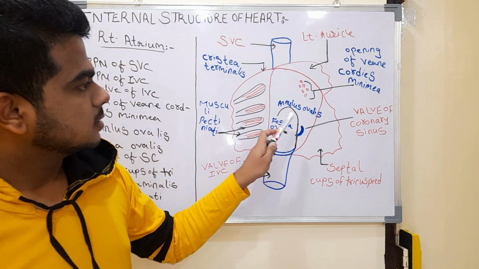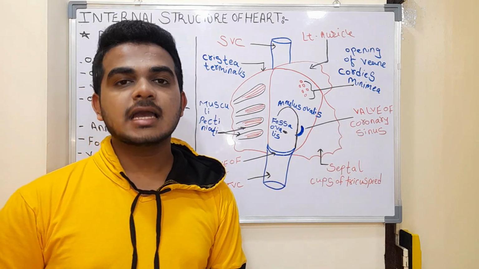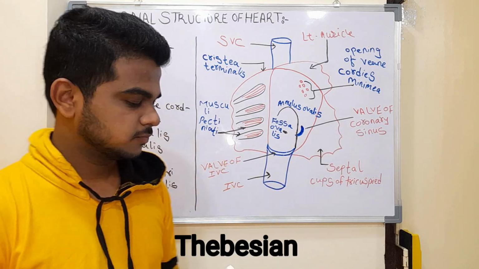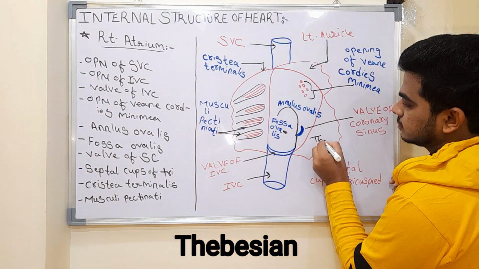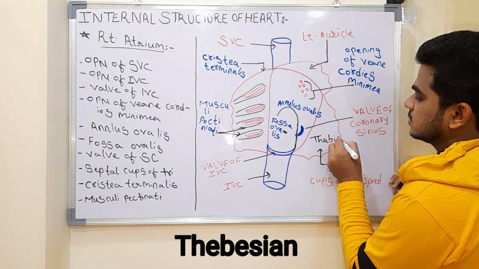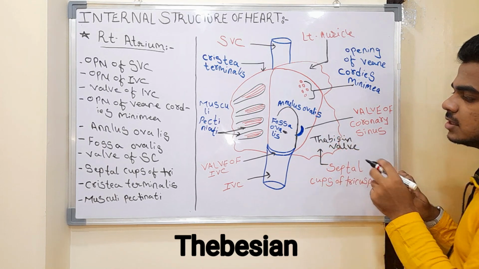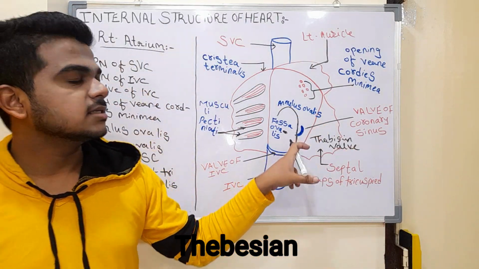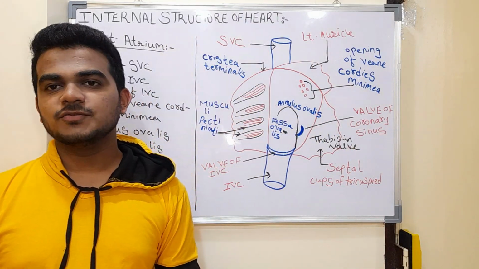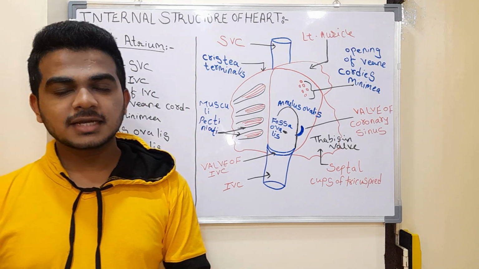Okay, and the valve of the coronary sinus is also known as the Thebesian valve. This valve of the coronary sinus also prevents the backflow of the blood. Okay, so that is about the right atrium.